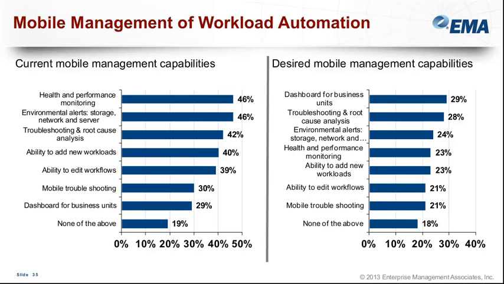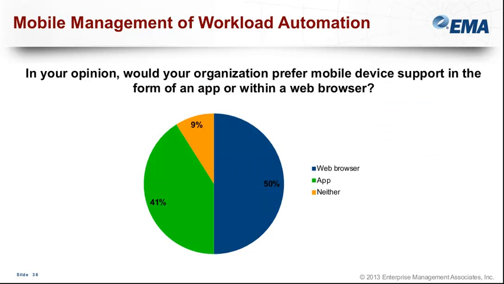And then when we asked, what would you like, we see at the right, dashboards for business units is the number one. So business units feel that they need to get more involved, and they feel they need to have more insight into workload automation because they see it is more and more business critical. I don't really understand what's going on, so I need to have a window into workload automation.